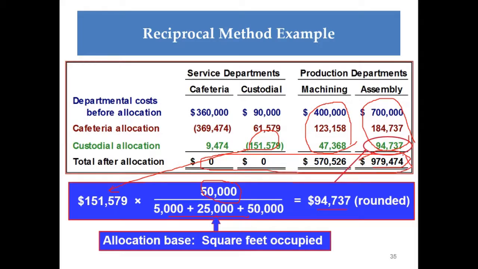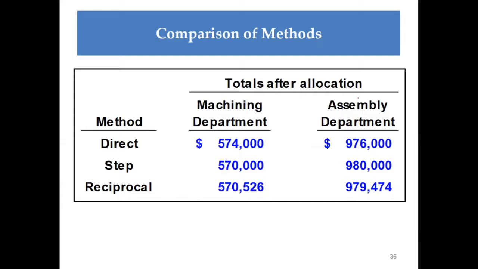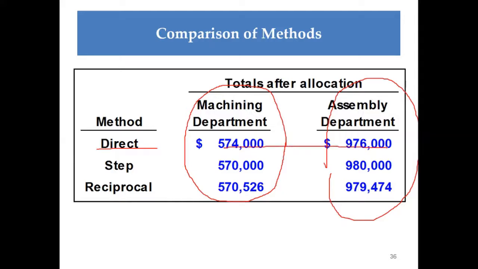The total cost of all departments after allocation will be the same as before allocation. To compare the three methods, we allocate the cost for the machining and assembly departments. The total cost after allocation for machining and assembly is shown here for the direct method, here for step down, and here for reciprocal.